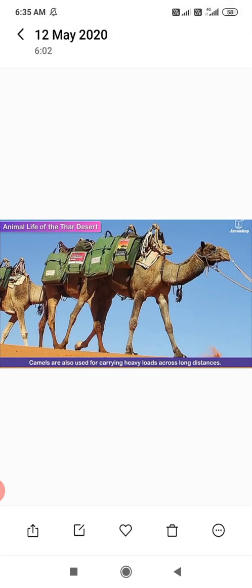Camels are also used for carrying heavy loads across long distances.